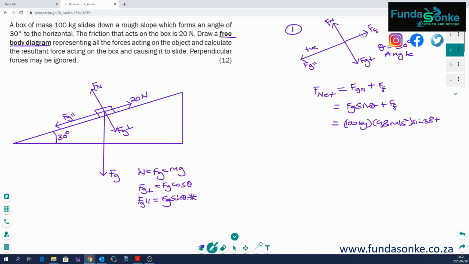So the frictional force acting opposite will be negative. So this will be plus minus 20 newtons.